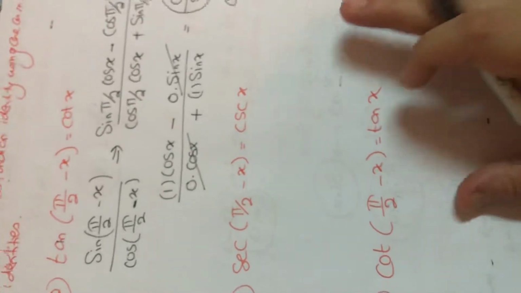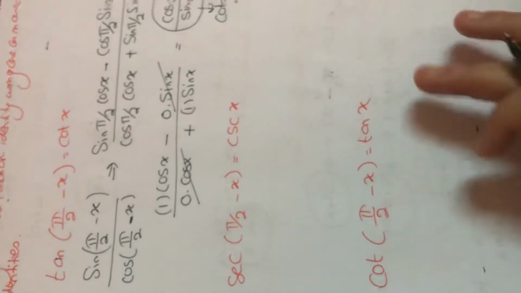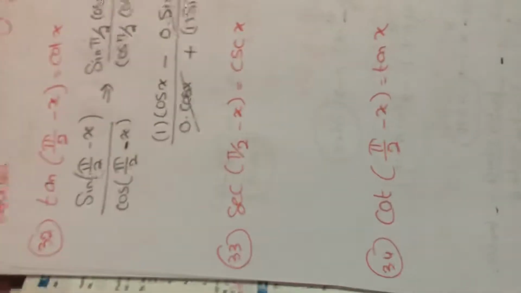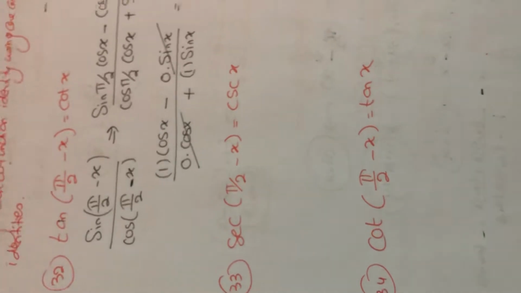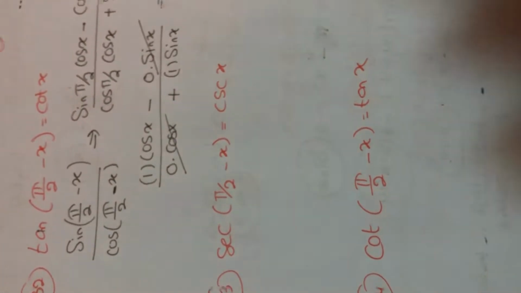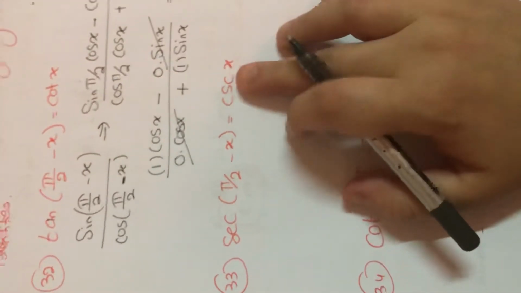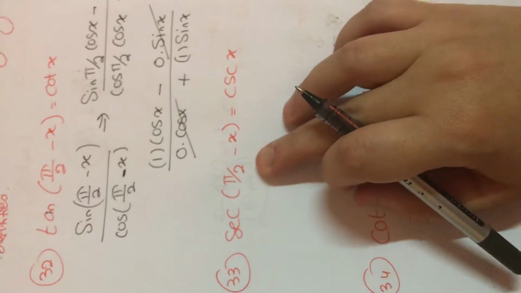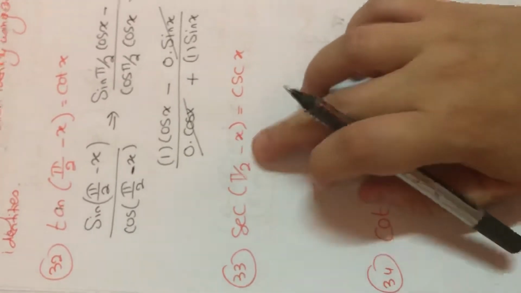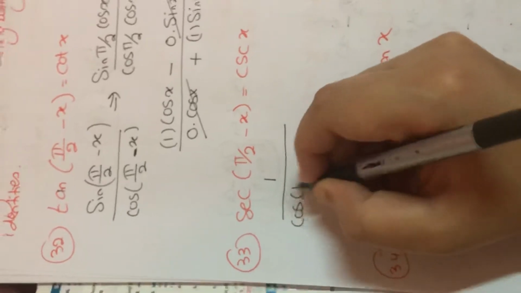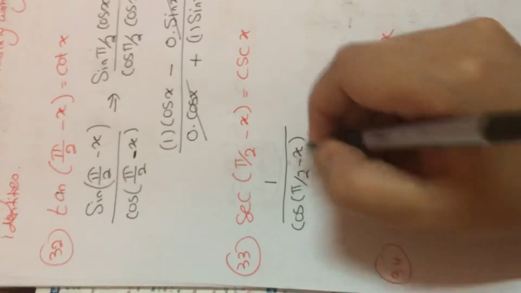I just want to display as many different questions as possible for you to become advanced in identities and think in a more open way. So for this one, again, I'm not going to work on cosec x. I'm going to work on sec pi over 2 minus x. And I don't have difference identities for sec. I can use 1 over cosine pi over 2 minus x.